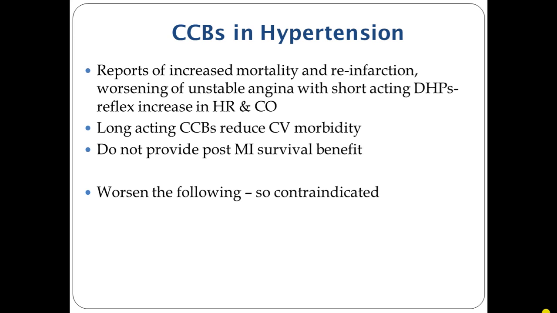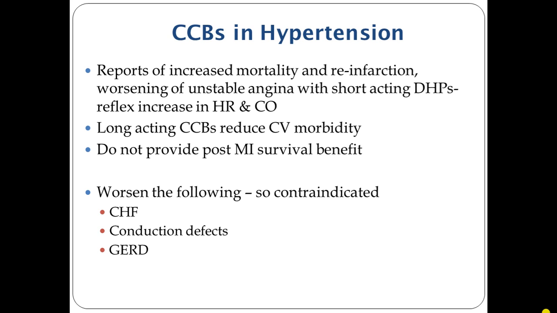Worsening of the following conditions is seen with calcium channel blockers, that is why they are contraindicated in them. First is heart failure. Because calcium channel blockers reduce the force of contraction, they should not be given in heart failure where the heart has already failed to contract. Second is conduction defect. Calcium channel blockers will aggravate conduction defects, so they should not be used in patients with conduction defects.